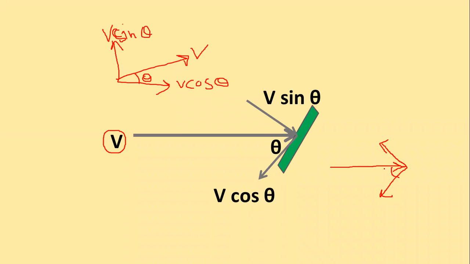Here the angle is theta and the component nearby to the angle will always be the cos component. And this will be the sine component. Now, you can see here that this v sine theta component is acting normally to the plate. So this v sine theta component we will use while finding out the normal force Fn. And how to find out the normal force, that we'll see in the next slide.